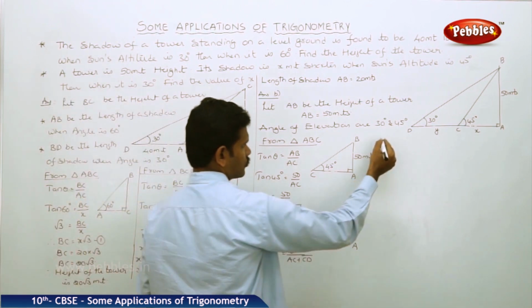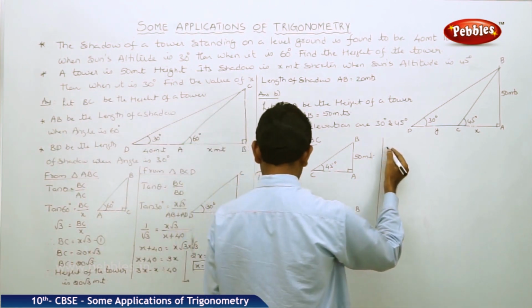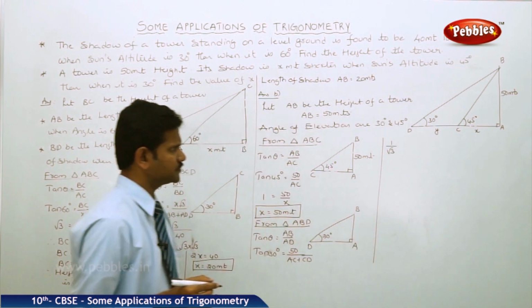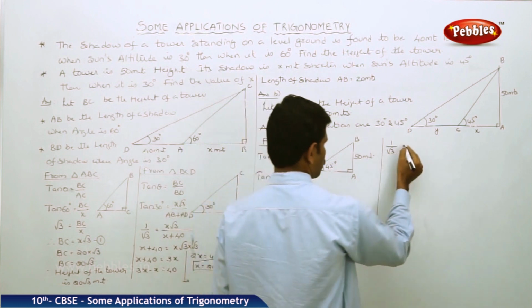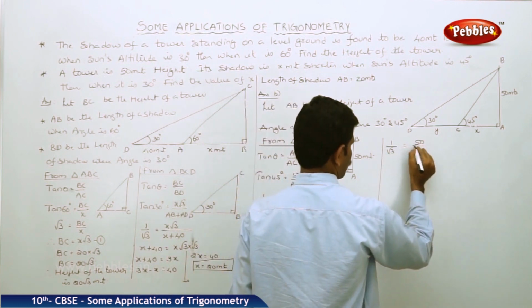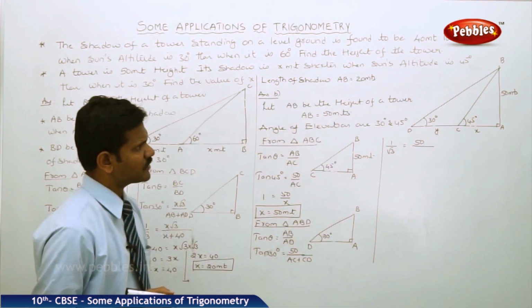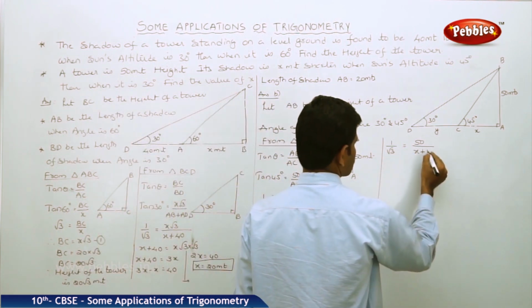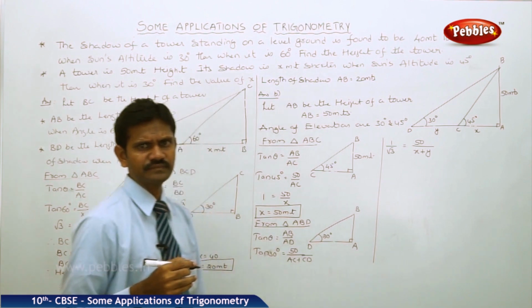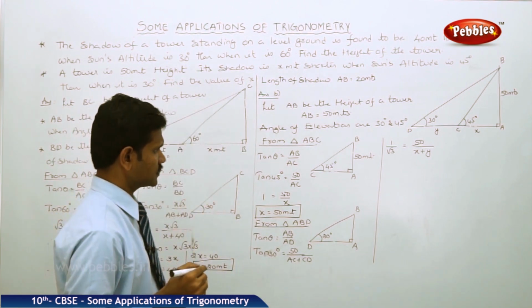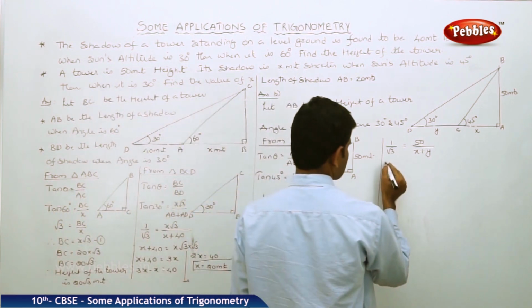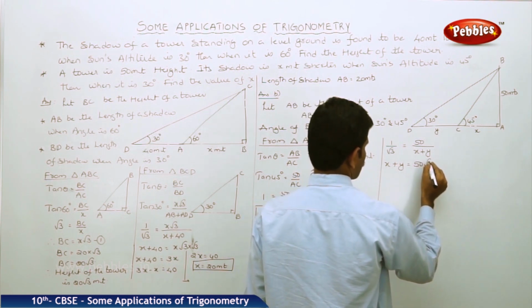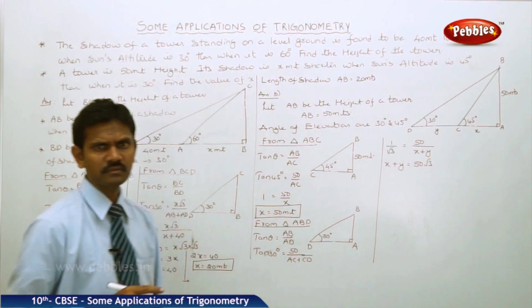Now, tan 30 is equal to 1 by root 3 is equal to 50 by AC value is x and CD value is the y, x plus y. That is cross multiplication, x plus y is equal to 50 root 3.